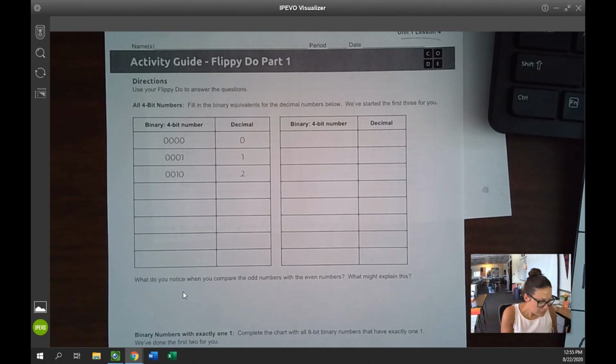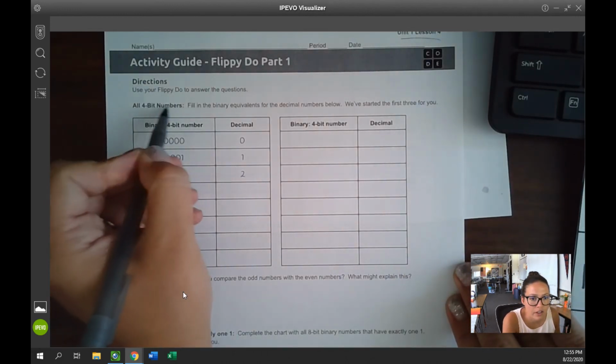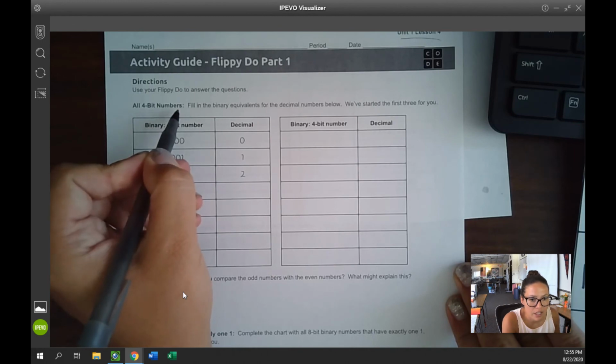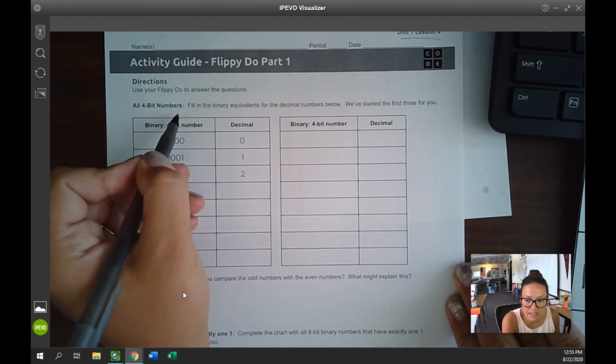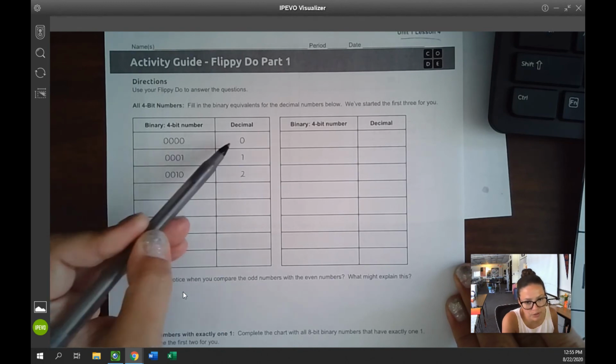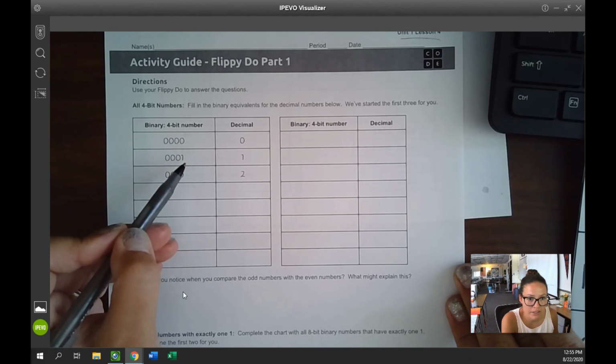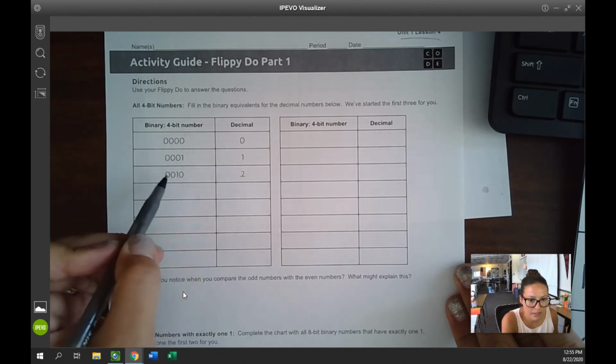Okay, so we are going to first fill out this chart of 4-bit numbers. You can see that we've started with 4 zeros, which is 0. 0, 0, 0, 1 is a 1.